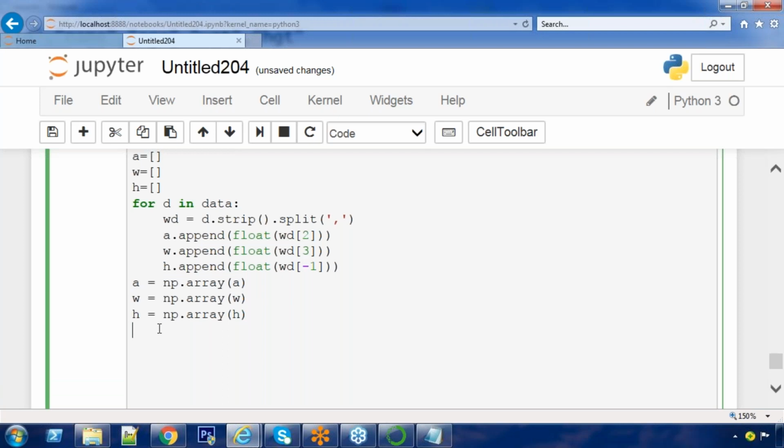What is the scaling technique, sir? Second scaling technique: each value minus mean divided by standard deviation. Understand the point, sir? Apply that scaling here. Got it?